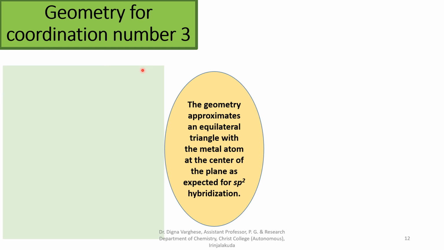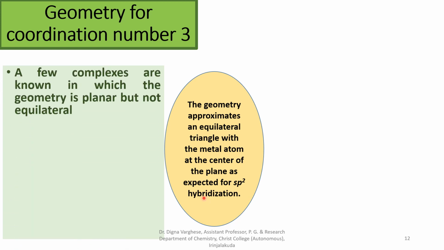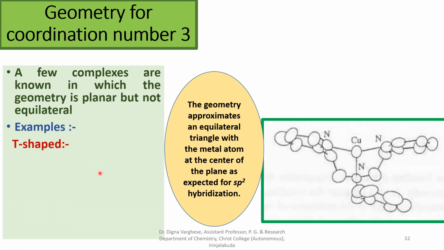Geometry for coordination number 3. The geometry approximates an equilateral triangle with the metal atom at the center of the plane, as expected for sp2 hybridization. A few examples are known in which the geometry is planar but not equilateral. Examples: T-shaped geometry.